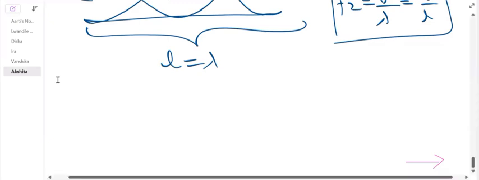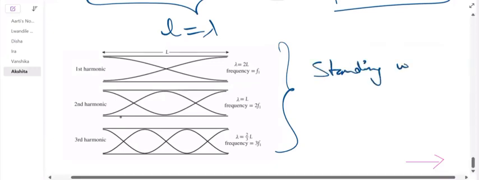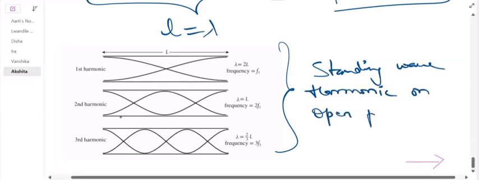So this is the standing wave harmonic for the open pipe. Clear? Any doubts?